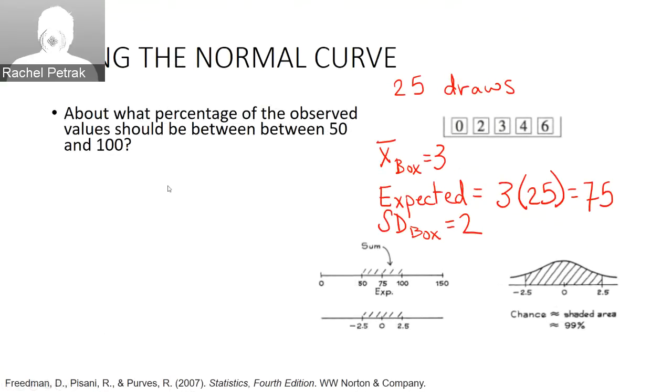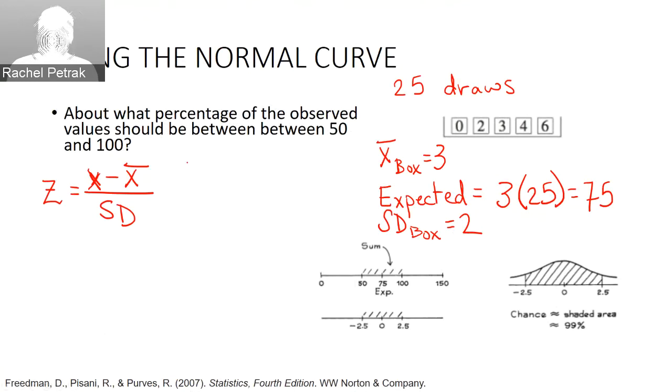So remember that the z-score is equal to x minus x bar over the standard deviation. We can do this formula backward.